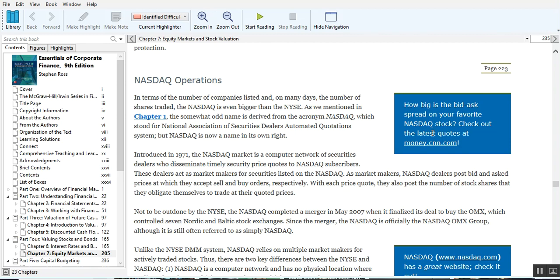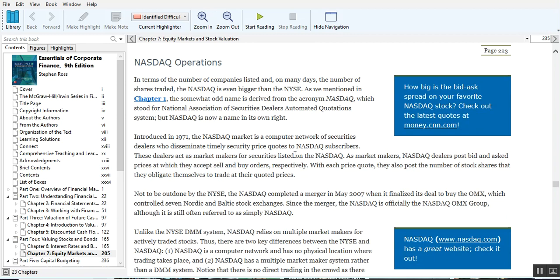But it's a computer network of security dealers who basically issue stock prices or quotes to the subscribers, and then those who subscribe can buy and sell on the exchange.